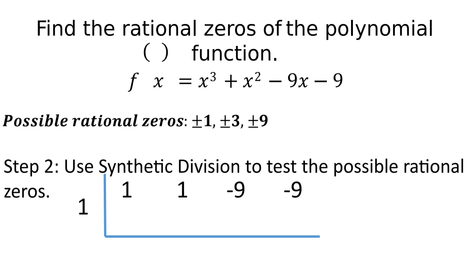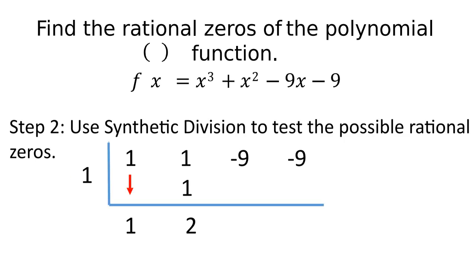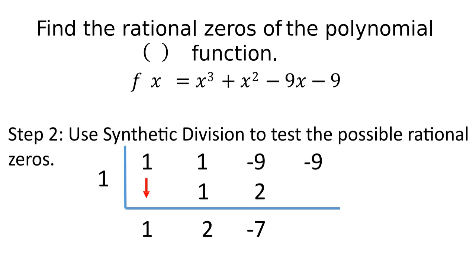Same process. Write the coefficients of your polynomial. That's why we have 1, 1, -9, and -9. And then 1 is the 0 that we are testing. So in synthetic division, bring the first one down, and then we multiply. 1 times 1 is 1, and then we add: 1 plus 1 is 2. Then 1 times 2 is 2, and we add: -9 plus 2 is -7.